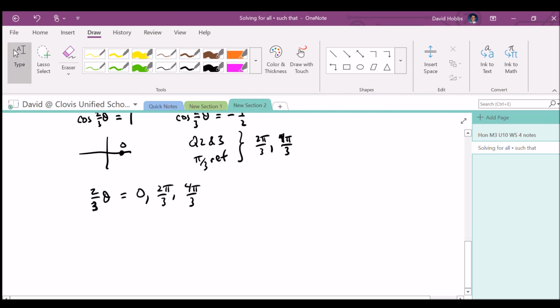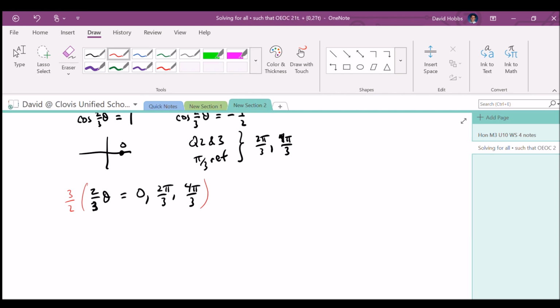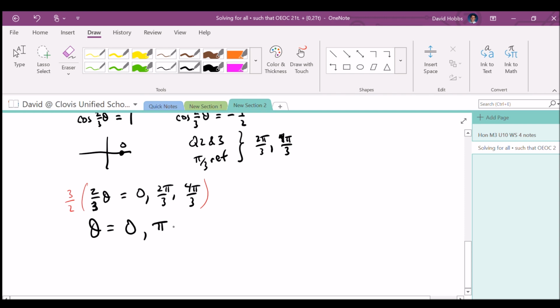Now we're trying to solve for theta specifically, so let's multiply by the reciprocal, and we will get theta equals, okay, 3/2 times 0 is still 0. 3/2 times 2 pi over 3 is pi, and 3/2 times 4 pi over 3 is 2 pi.